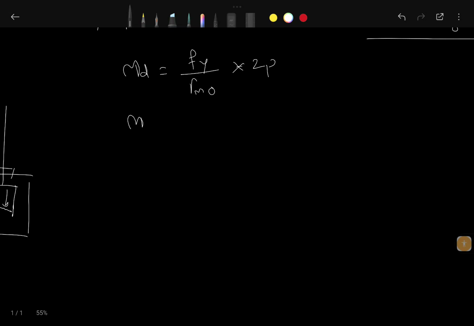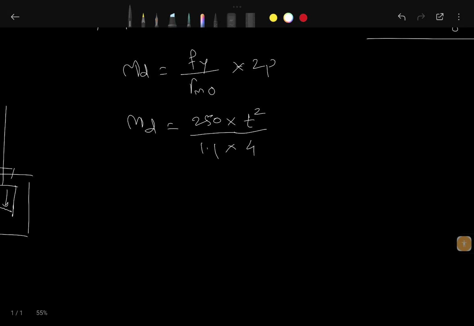Fy in the given data we have considered 250, and gamma m0, the partial safety factor for this thickness calculation, is 1.1. Zp, the plastic section modulus for thickness of plate, is t square divided by 4.